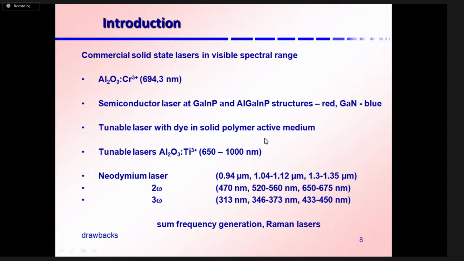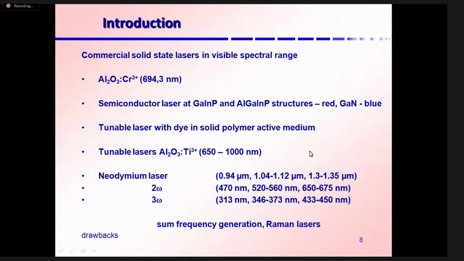Tunable lasers in dye, in solid polymer. It also works like a solid laser system, while the dye can be destroyed in the polymer matrix. Tunable lasers like sapphire, titanium, are well known.